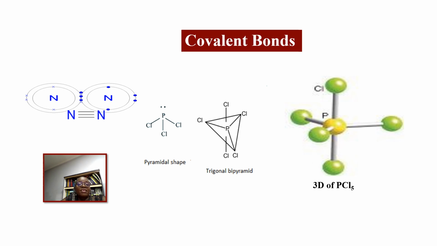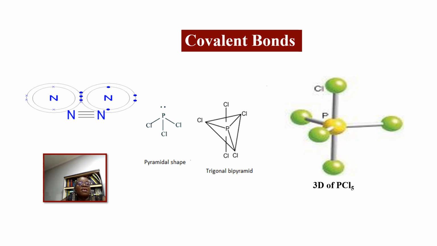Nitrogen is a non-metal, and a nitrogen atom has 5 electrons in its outermost shell. We know that 2 nitrogen atoms will each share 3 electrons to form 3 covalent bonds and make a nitrogen molecule, and that is what we have on the board there.